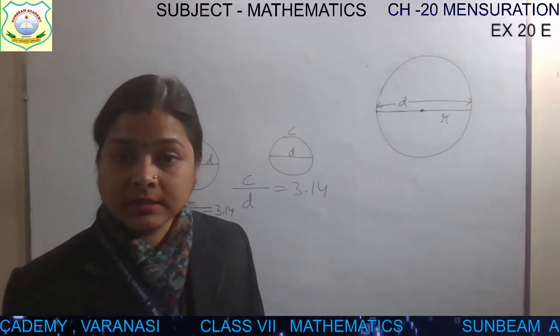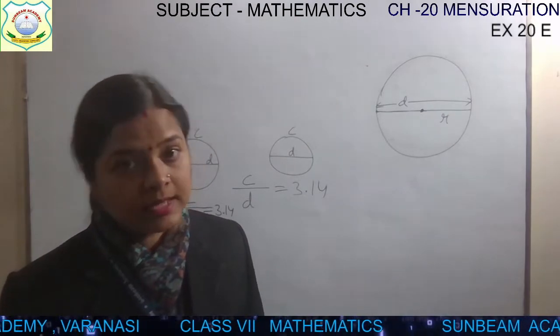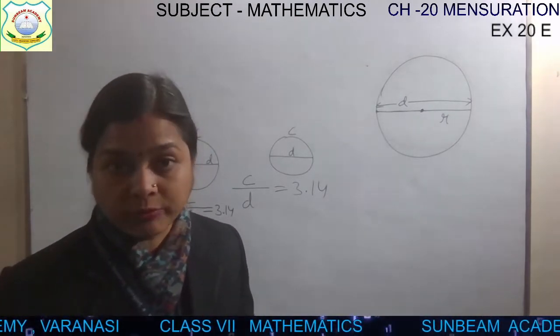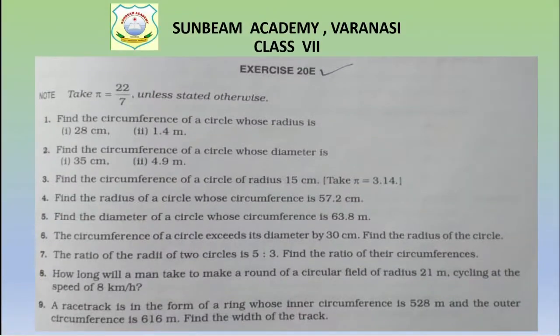Our next task is to start the exercise, because we have done both the formulas. Let's see the exercise. In your book, a chart is given on page number 244, and you can complete it to check whether it's correct or not. It will always come as 3.14. In this way, pi is derived.